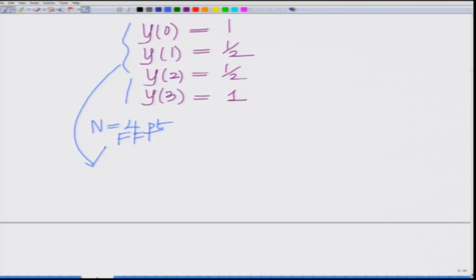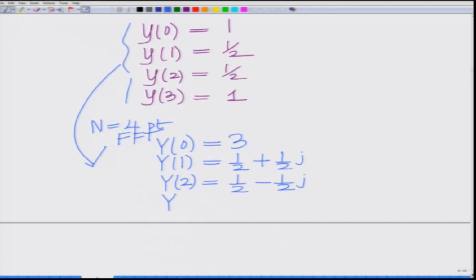FFT is a fast algorithm to perform the DFT, the discrete Fourier transform, and we said that the samples across the various FFT points are Y0 equals 3, Y1 equals half plus half j, Y2 equals 0, and Y3 equals half minus half j.